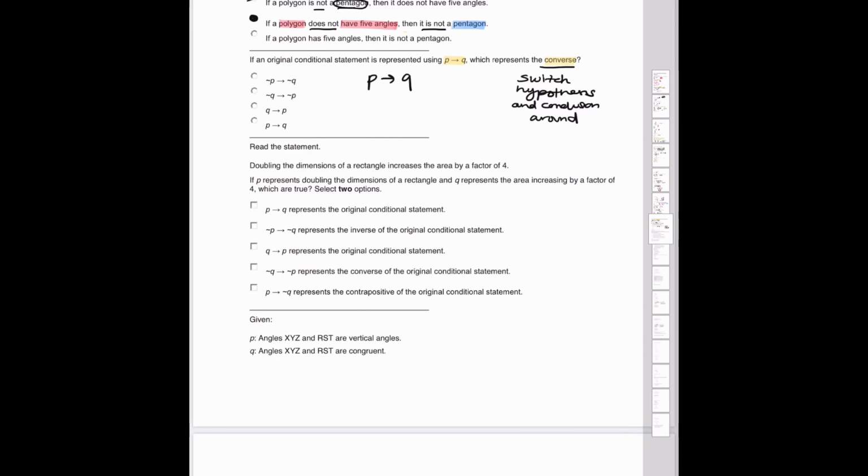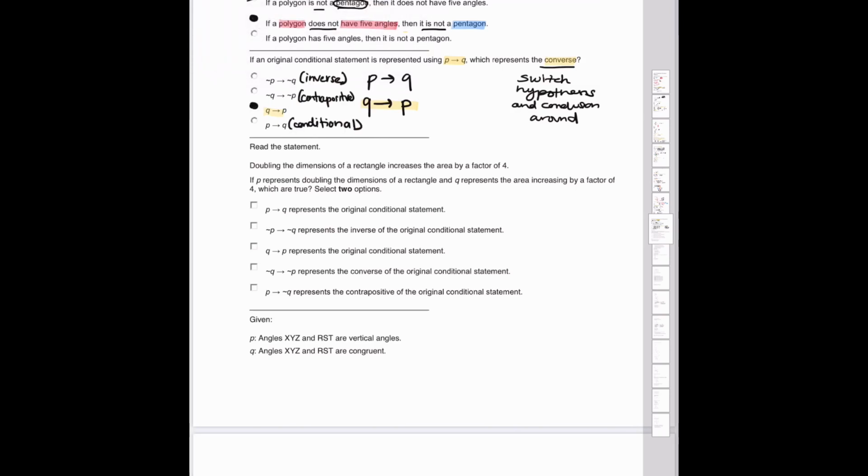All we would simply have to do is also switch the hypothesis and conclusion around in this symbolic form. And so we are looking for that which represents Q then P. Here's Q then P. Therefore, that is our answer. Look at the next question.